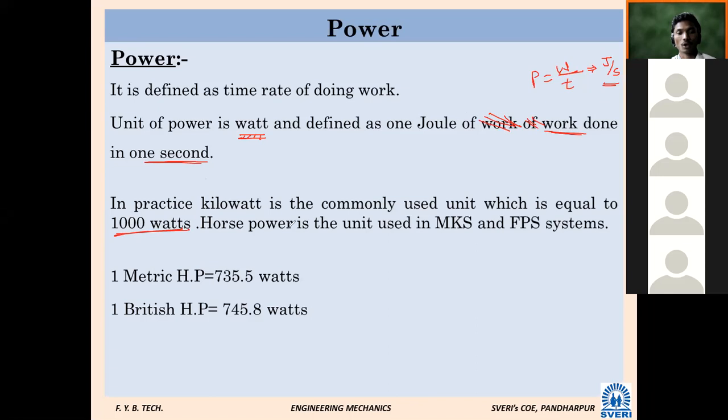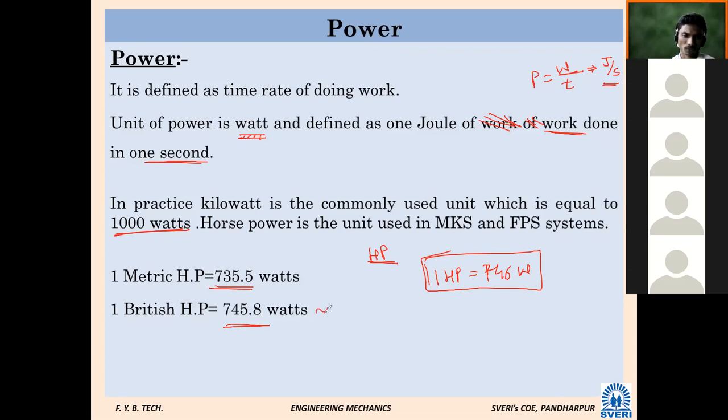Hence horsepower, HP, you might be knowing. Famously you might know this relation, but here it is clearly mentioned as 746 watt. Actually, approximately we are taking 1 HP is equal to 746, more accurate. In metric, 1 HP is equal to 735.5, and 1 BHP is taken as 745.8.